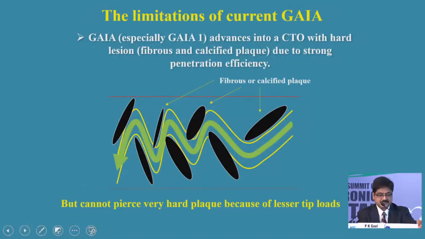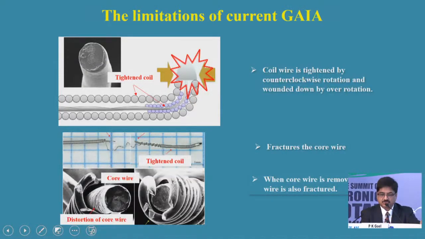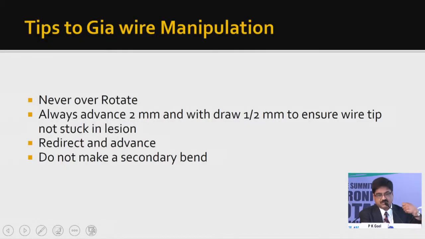And when it gets trapped, if you rotate it more, it will break, and the core wire breaks, and the coil at the top, which is a single wire coil, although it's a rope coil, comes out unwound, a long length. So, tip for Gaia wire manipulation: never over-rotate.